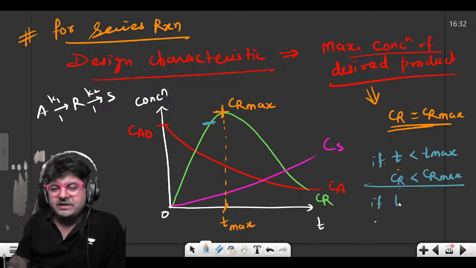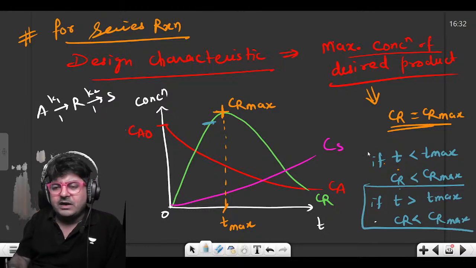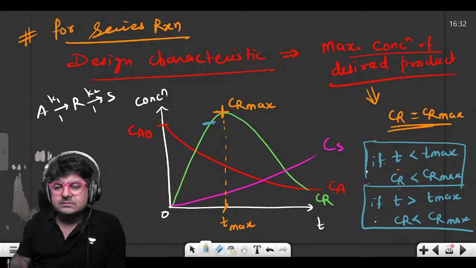Similarly, if I stop the reaction after time t max, again you can see CR will be less than CR max. I hope you are understanding these things.